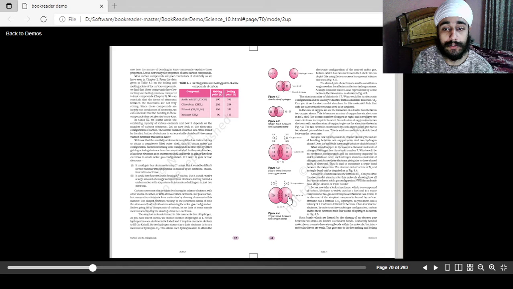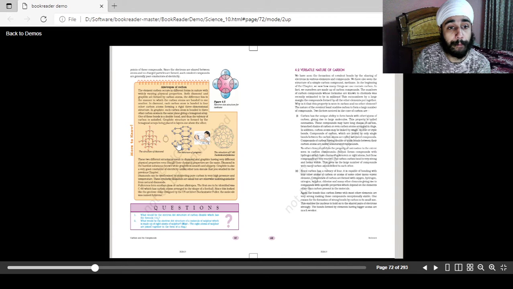Allotropes of carbon: there are different types of allotropes, that is, diamond and graphite. Though the chemical properties of these are the same, the physical properties change as per the bonds. In diamond the carbon makes a three-dimensional structure, bonding with all four atoms, but in graphite it makes three bonds in a hexagonal form.